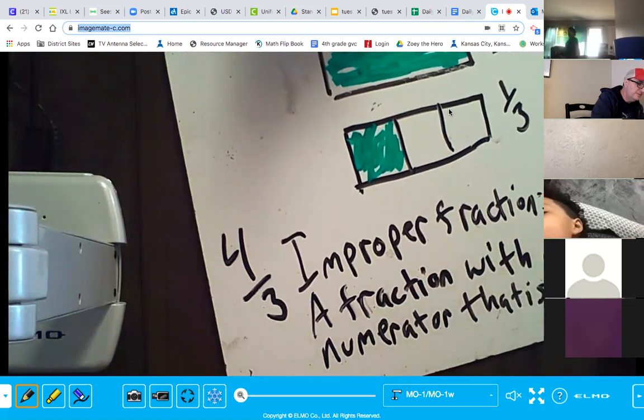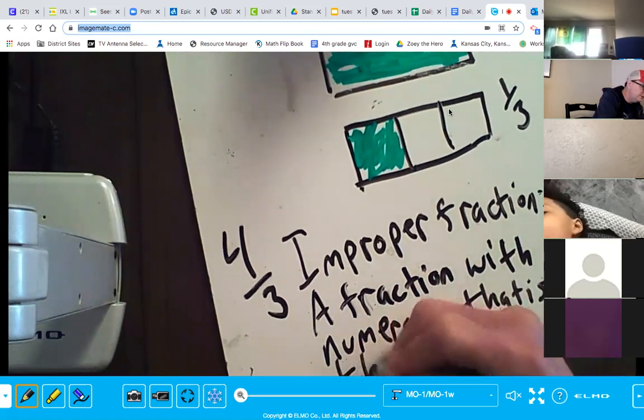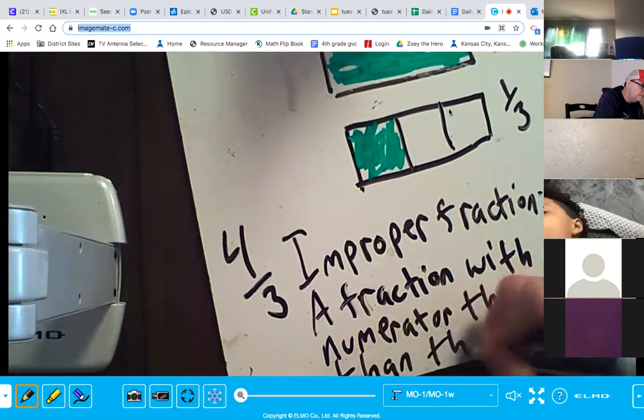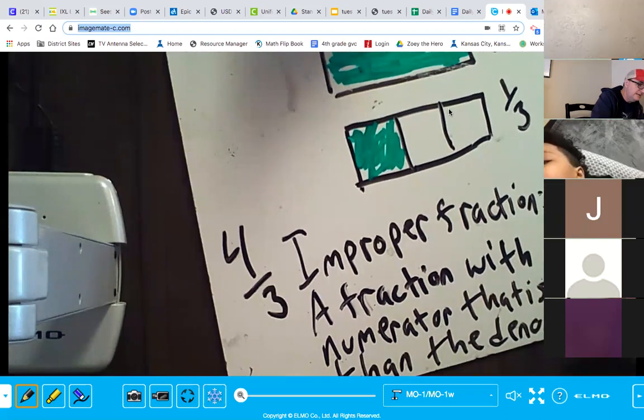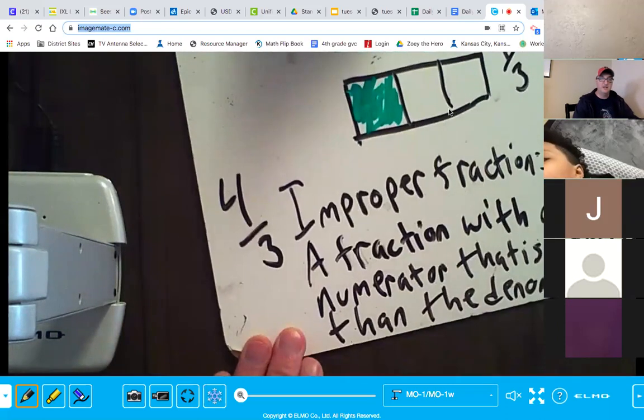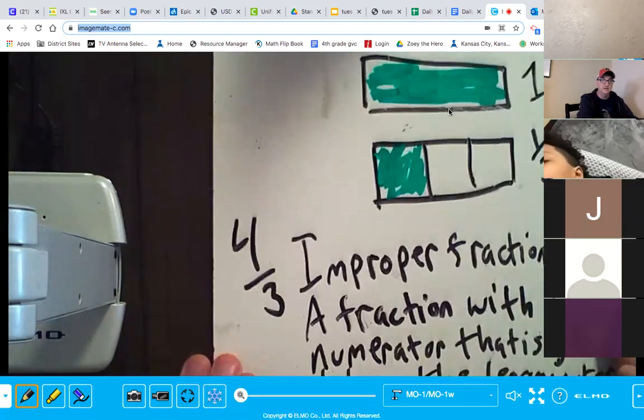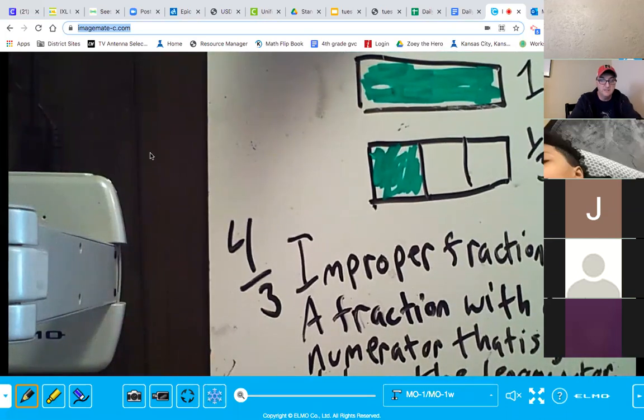And I'm going to take a picture of this and put it in Seesaw. So we got the improper fraction, which is a fraction where the numerator is greater than the denominator.